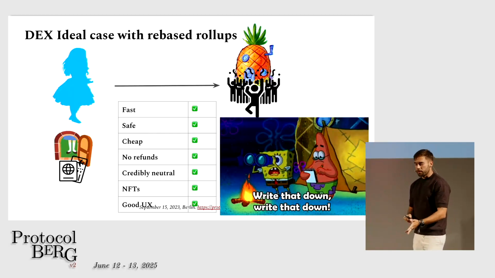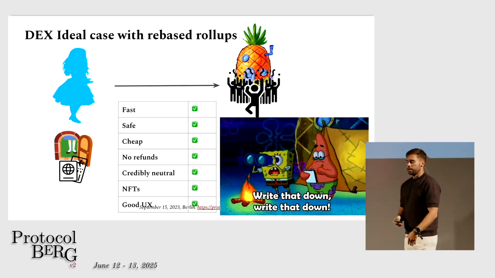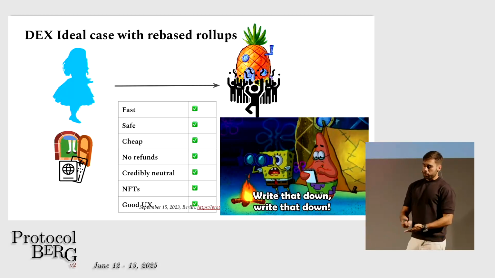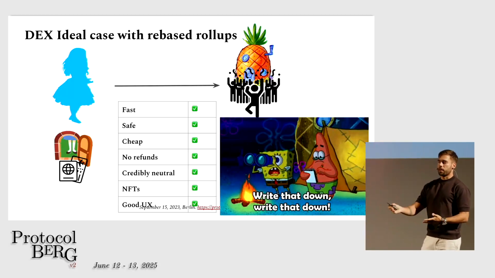There's no need for refunds. If Alice spends her ticket, it's because she gets her pass, because she gets a ticket at the party. It's credibly neutral because it's synchronous composability with L1. It works for NFTs. We don't have to rely on any liquidity provider. And you have a UX that is standardized and it doesn't change when you become based or not.